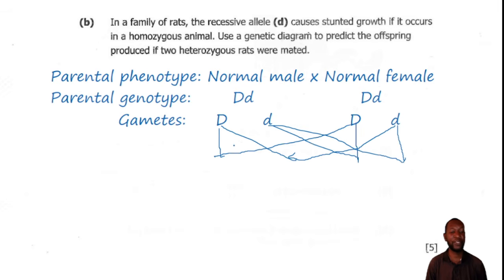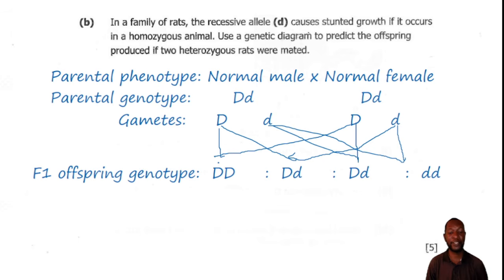So after the random crossing, we then write the F1 offspring genotype. So the offspring genotype, we are going to have homozygous, heterozygous, heterozygous, and the homozygous. Then next, we write our F1 phenotype.